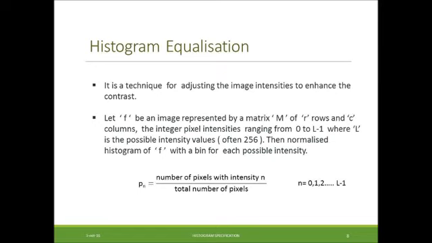Then the normalized histogram of F, with a bin for each possible intensity, is Pn equal to the number of pixels with intensity n divided by the total number of pixels, where n varies from 0, 1, 2 up to L minus 1.